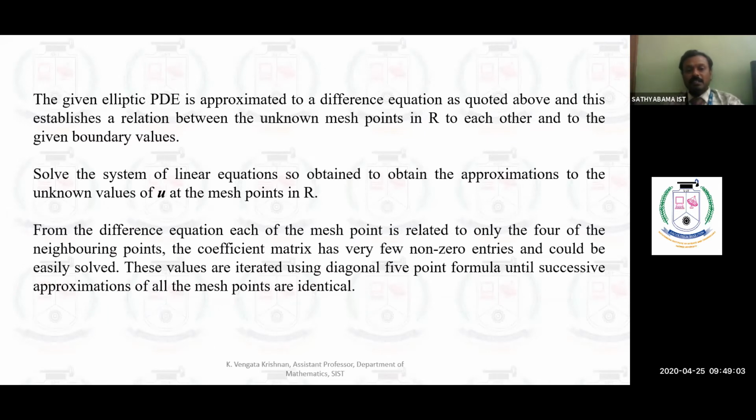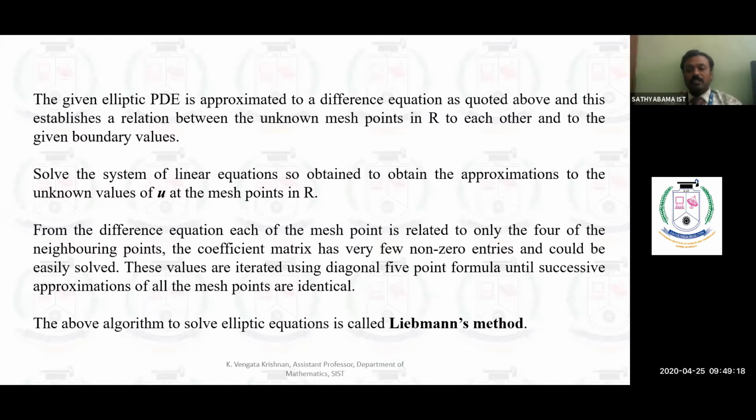So that's the third point we have done here. Each mesh point will be expressed in terms of the neighboring points and the PDE, and we'll be solving the resulting linear equations. This type of solution is called Liebmann's method.